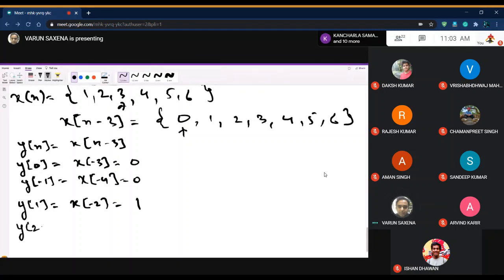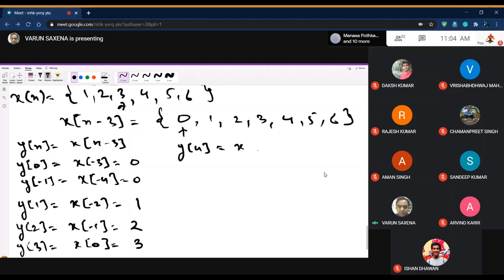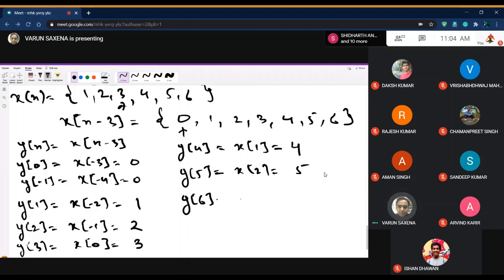What is y[2]? It is x[minus 1]. What is that? That is 2. What is y[3]? It is x[0], which is 3. y[4] is x[1], which is 4. y[5] is x[2], which is 5. y[6] is x[3], which is 6.